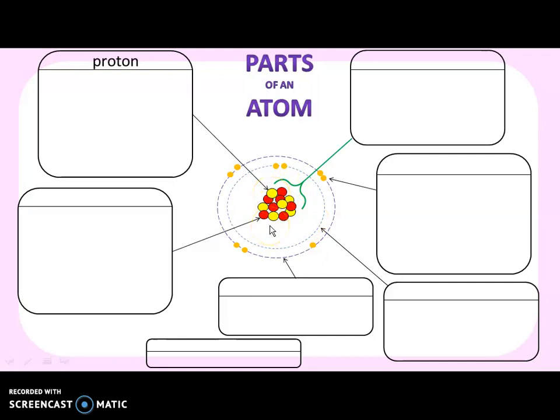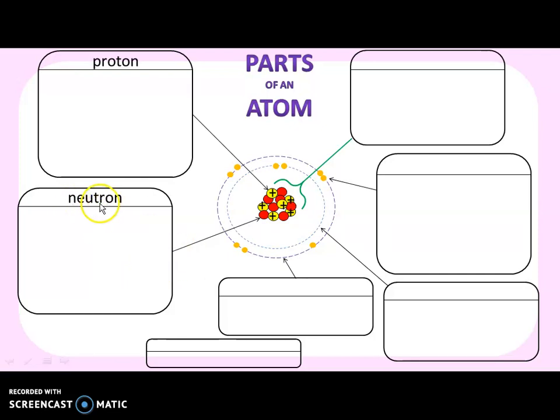We know that protons are positive, so go ahead and put a plus sign on each of those light colored particles in the center of the atom. The other particles that are in this center grouped together are called neutrons.